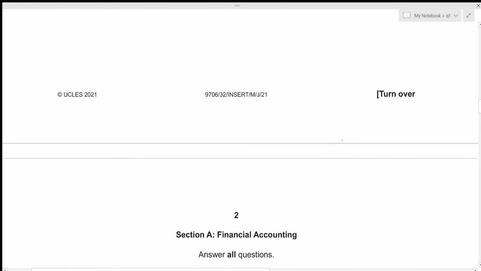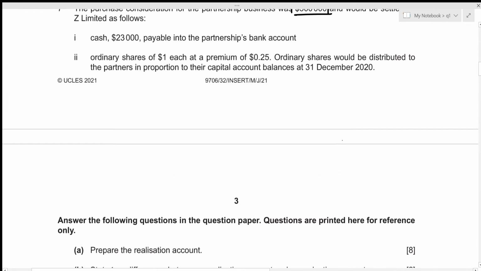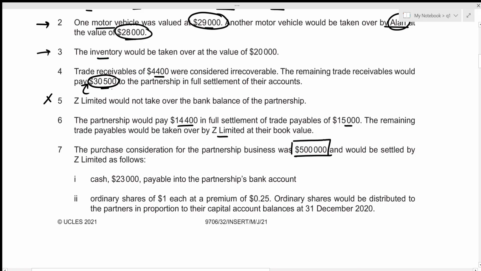Okay, let's have a look at additional information. We might be given something regarding the settlement to the partners. In the seventh piece of information, cash of 23,000 is payable into the partnership's bank account, and ordinary shares of $1 each at a premium of 0.25. Ordinary shares would be distributed to the partners in the proportion of their capital account balances at 31st December 2020. So the very first thing to remember here is that our purchase consideration is 500,000.